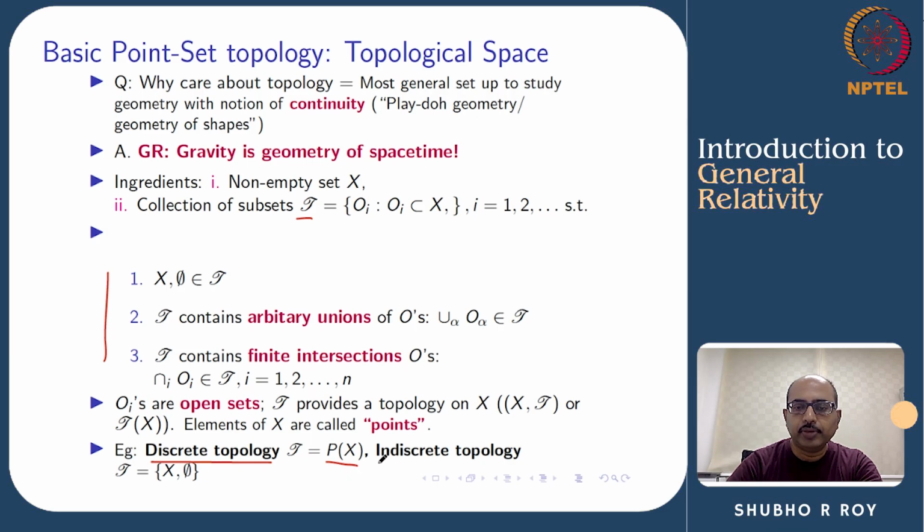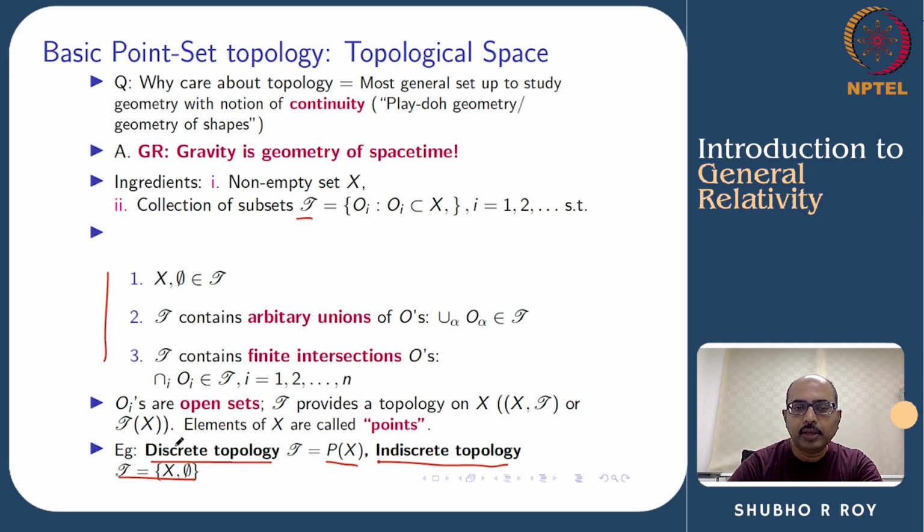And the other example is that of the indiscrete topology, or coarse topology, some people call it. Now, in the coarse topology, the script T, this collection of subsets, consists of only two elements. One is the full set, the other is the null set, the empty set.